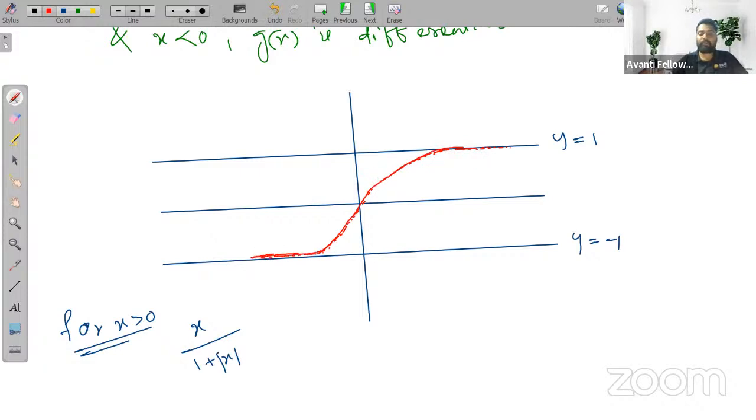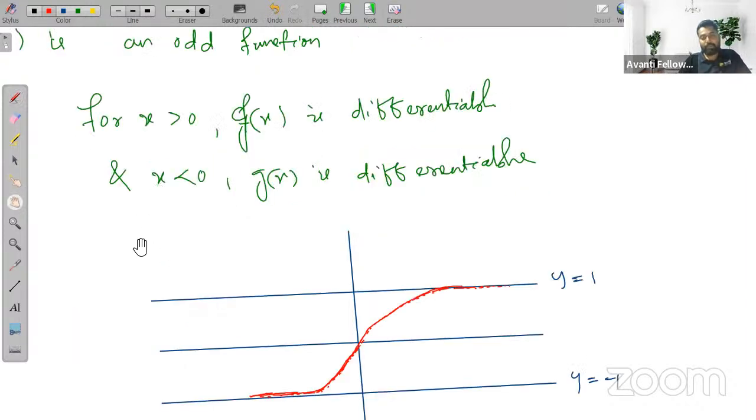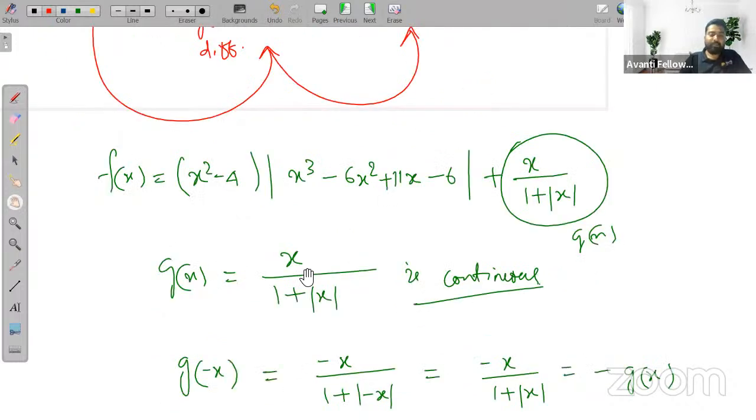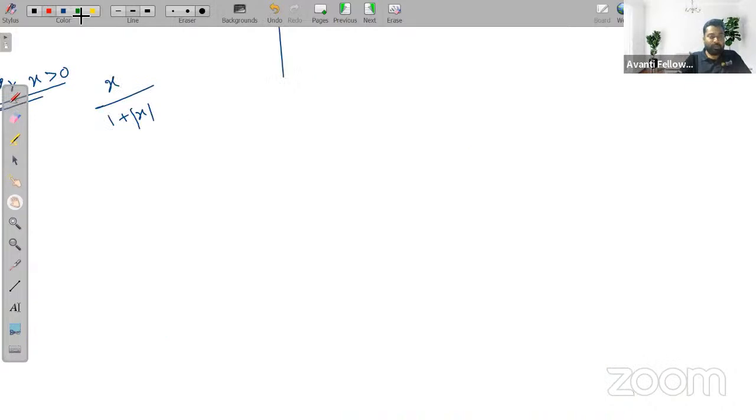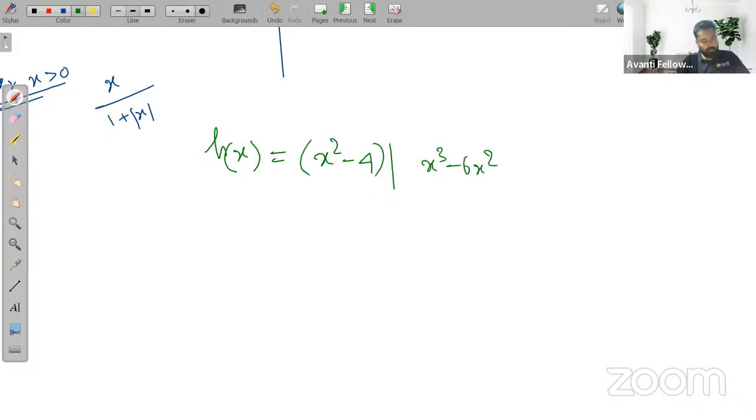Clear, everyone? Okay, sure. We have discussed this last function. Now we'll discuss the next function. Suppose I'm taking this function as h of x, which is x square minus 4 into mod of x cube minus 6x square plus 11x minus 6.